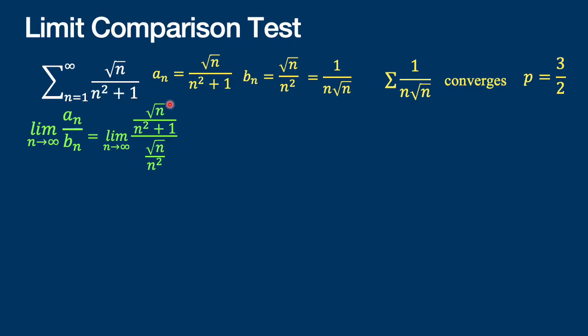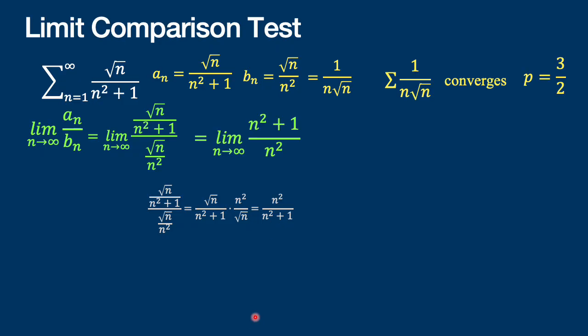Let's simplify this fraction of fractions. The square root of n cancels out, and you have n squared over n squared plus 1.